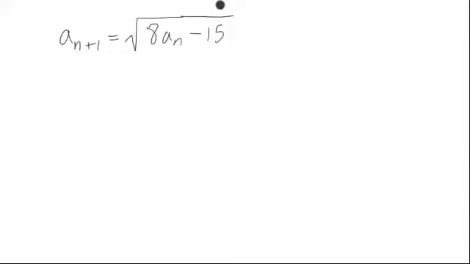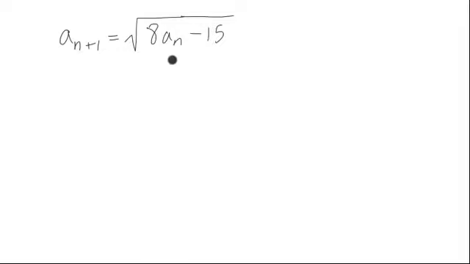Let's suppose that we have a recursive formula for a sequence, such as a sub n plus 1 is equal to the square root of 8 a sub n minus 15. Okay, so now looking at this, let's ask a question.